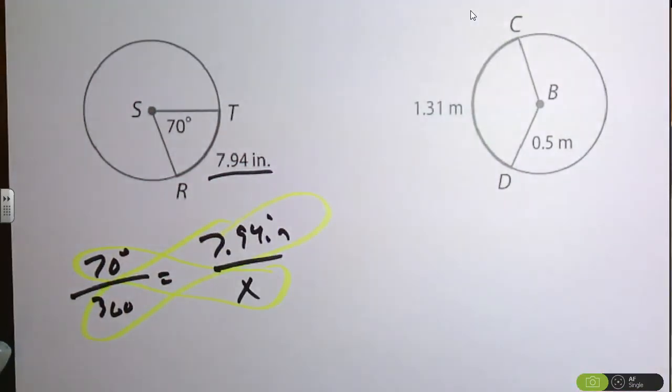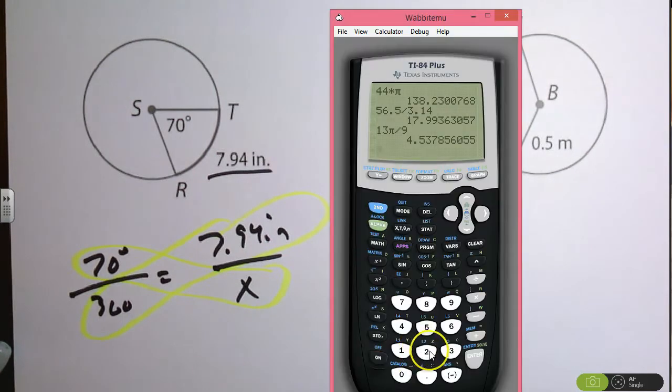So 360 times 7.94 and then divide by 70, excuse me. It's been a long day. 40.83. Yeah.